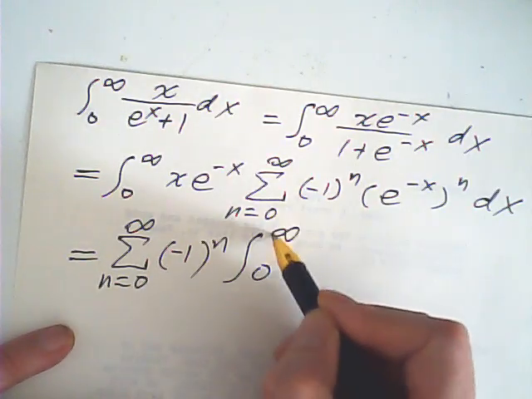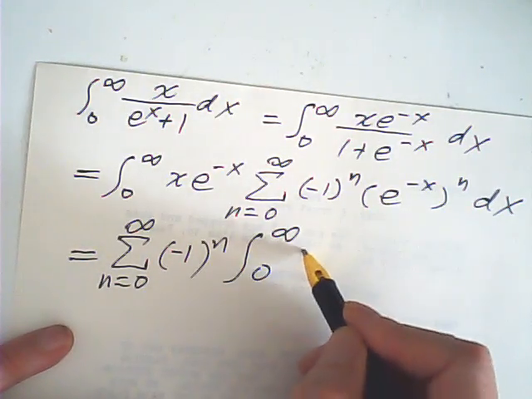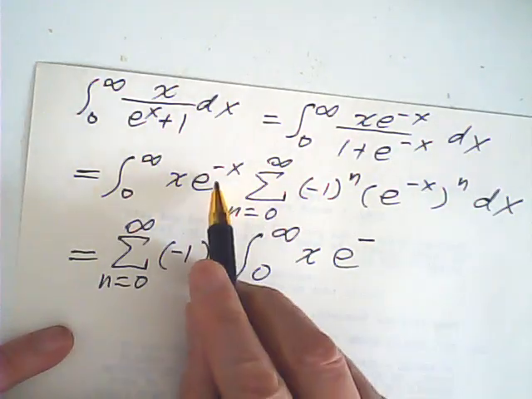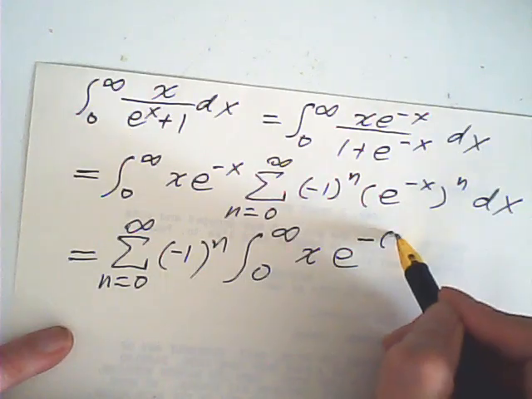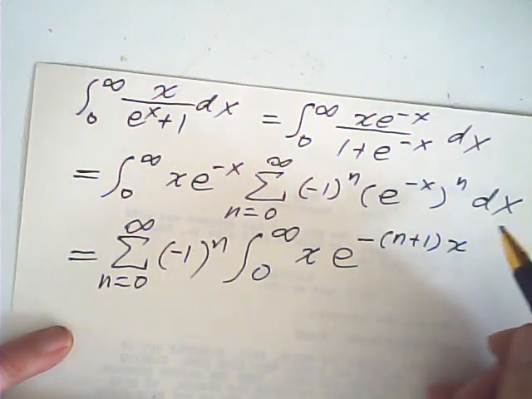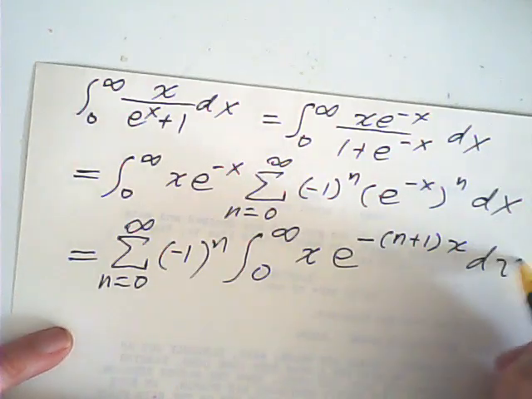This is from 0 to infinity of x times e to the negative, this one combined with that one is n plus 1 x.